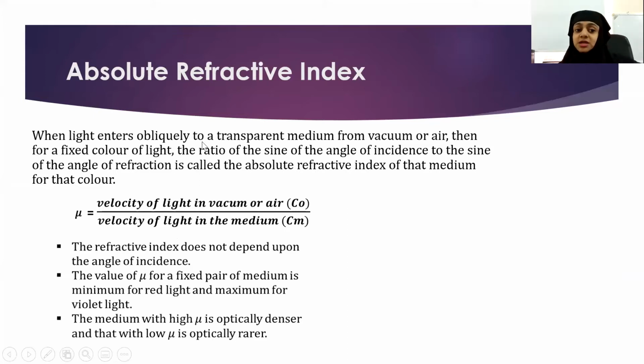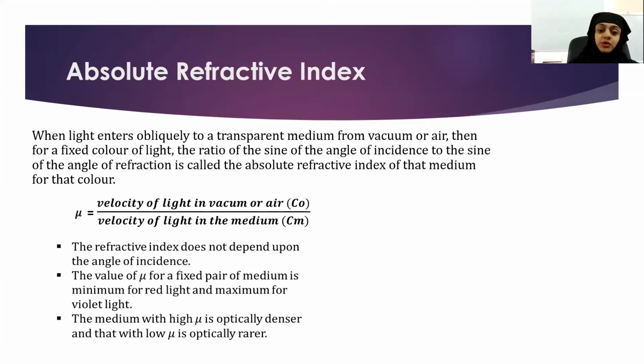So when light enters obliquely to a transparent medium from vacuum or air, then for a fixed color of light, the ratio of the sine of the angle of incidence to the sine of the angle of refraction is called the absolute refractive index of that medium for that color. So if you just represent mu, that will be the refractive index of one medium with respect to air.